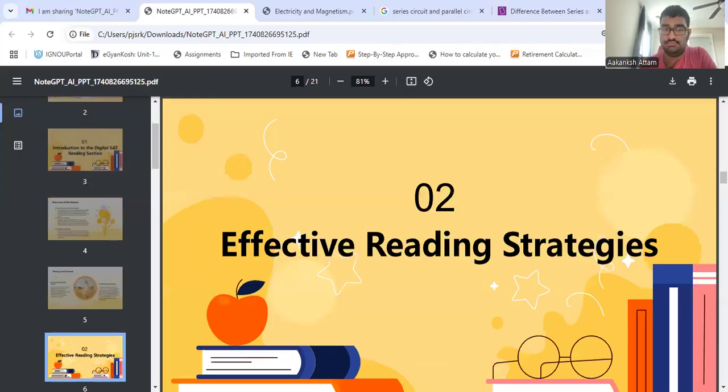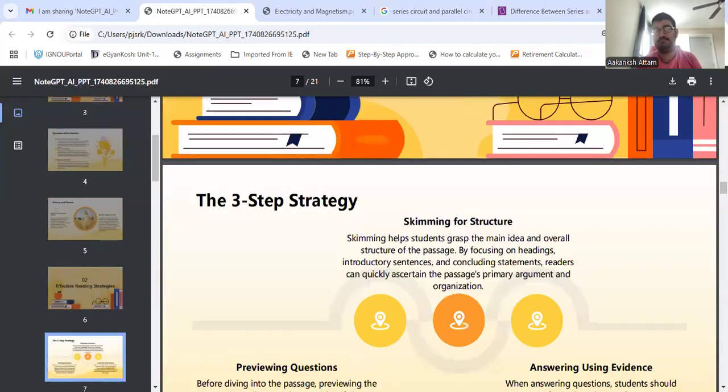Now, effective reading strategies, very important. Skimming helps you to grasp the main idea and overall structure of the passage. Please make a note of it.